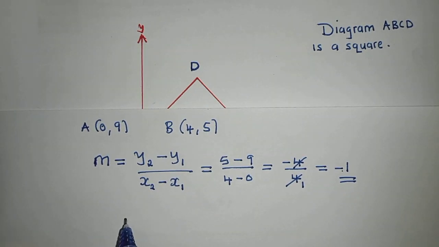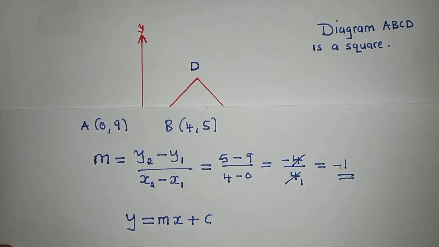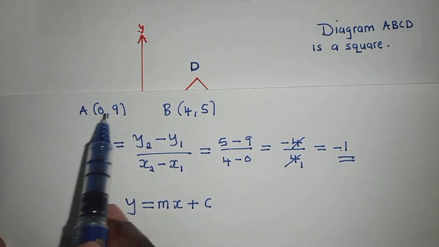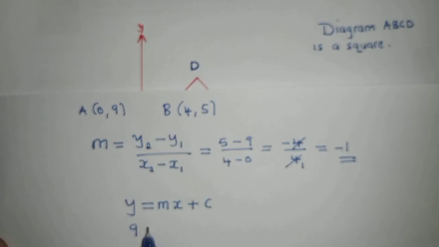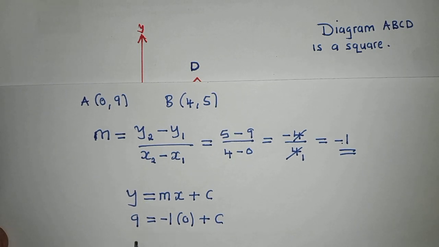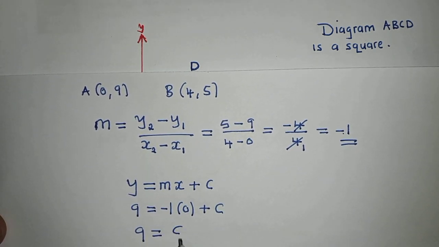Now we use the formula for the equation of a straight line, y = mx + c. We solve for c using one of the coordinates. I'll go with this one, so I'll put 9 for y, negative 1 for m, 0 for x, plus c. So 9 is equal to c.